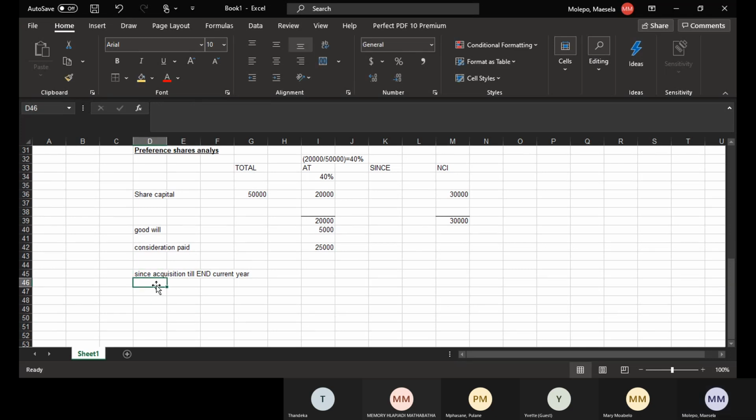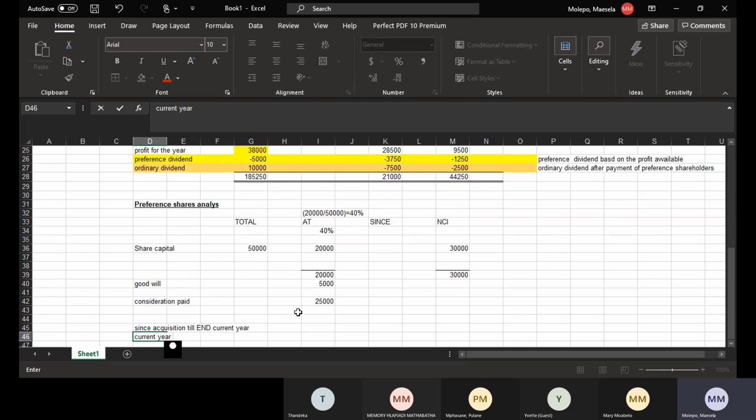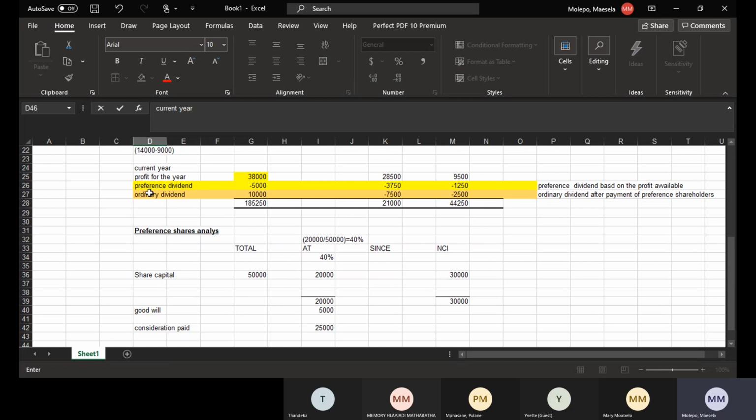On our current year, you saw that we declared the dividends here using the profit, the yellow one.